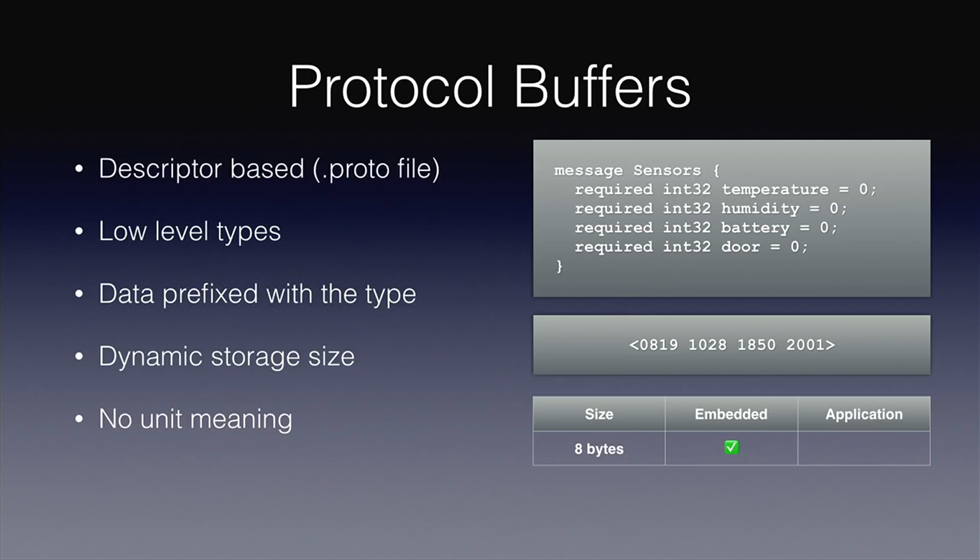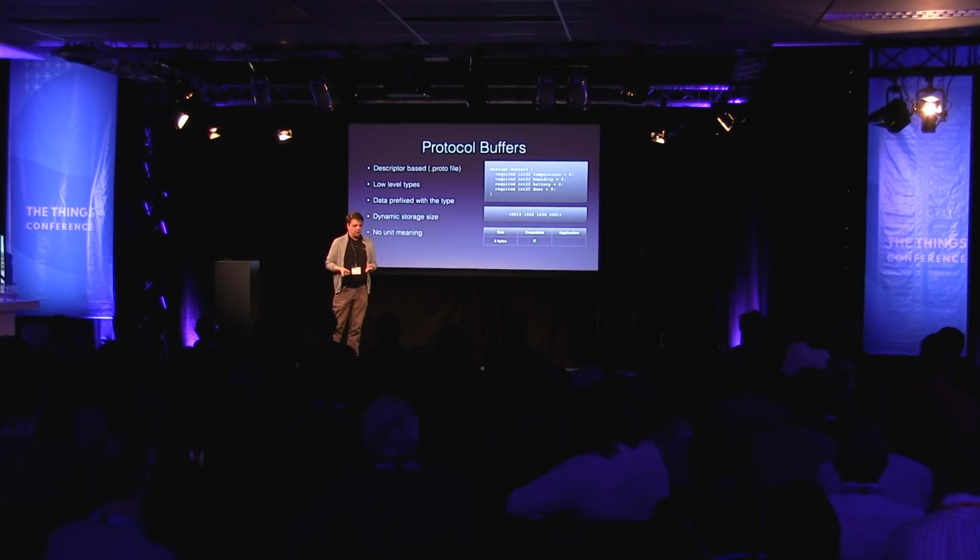The equals 0 is not the meaning of the default value. They are the field numbers, subtypes of the int32. It's just from the language of protocol buffers. It uses low-level types, such as integers, floating point, and stuff like that.